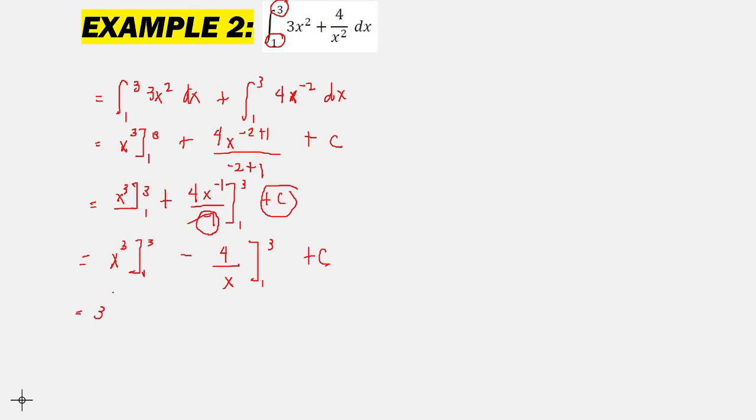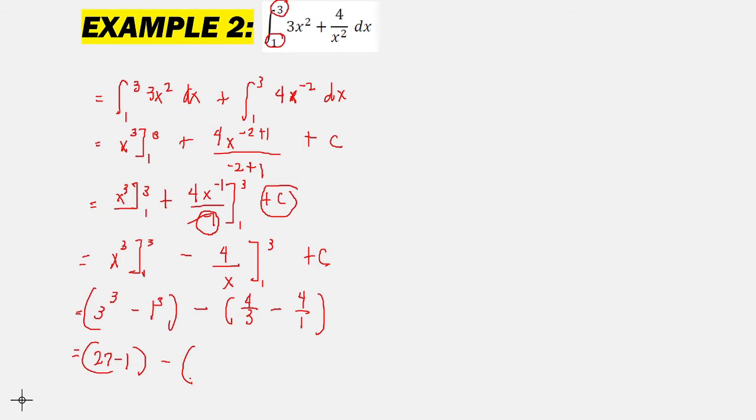So that's 3 cubed minus 1 cubed, minus 4 over 3 minus 4 over 1. So this is 27 minus 1 minus 4 thirds minus 4. Use your calculators.